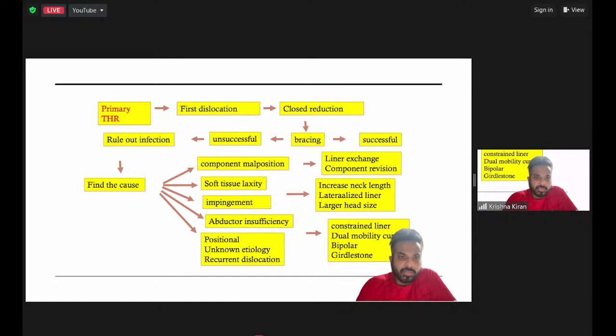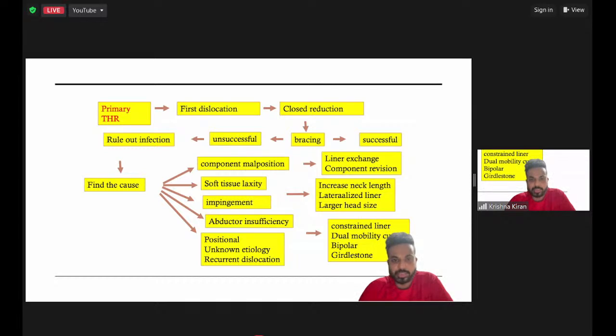And if it is unsuccessful, you must rule out infection and find the cause. It could be component malposition, in which case you do an appropriate procedure in the form of bioball and liner exchange as was shown, or a full component revision. You could have soft tissue laxity, which will lead to impingement, and a combination of soft tissue laxity with abductor insufficiency, which can be managed by using increased neck length, lateralized liners, larger head sizes.